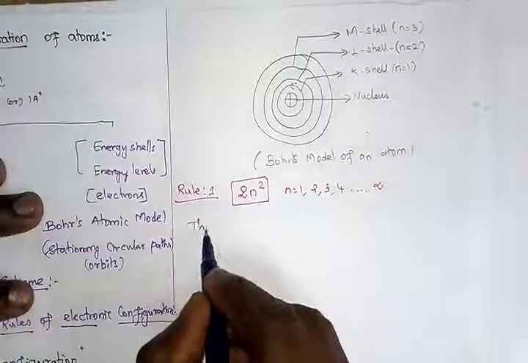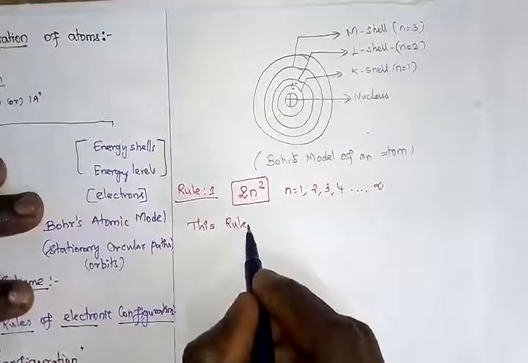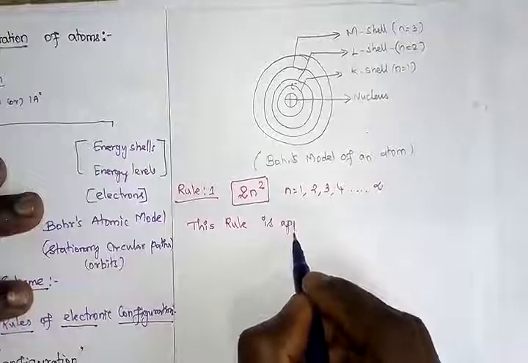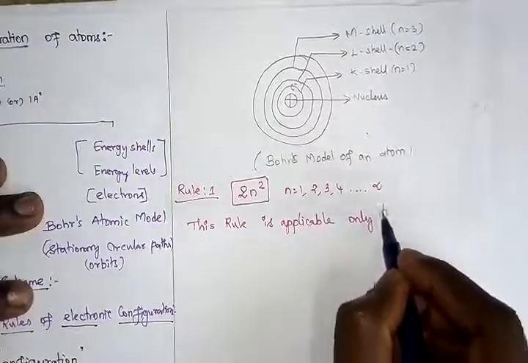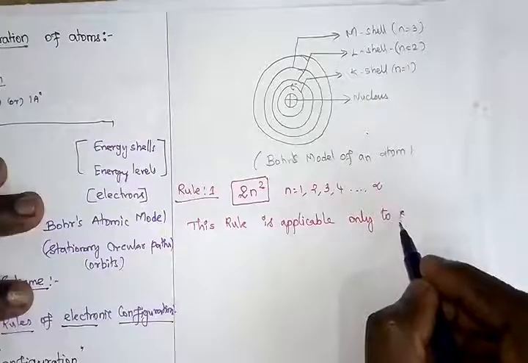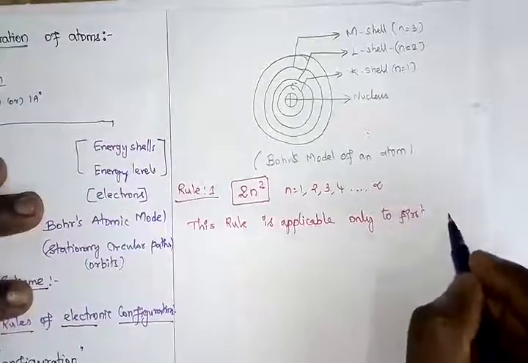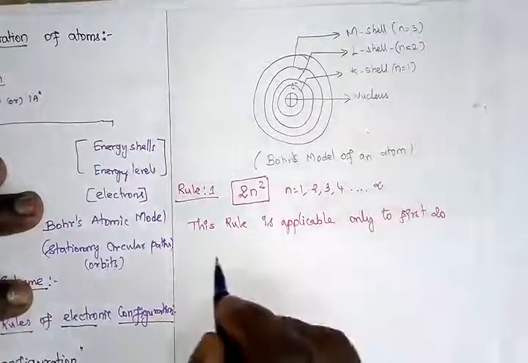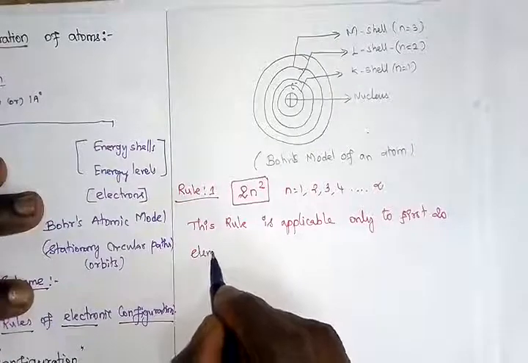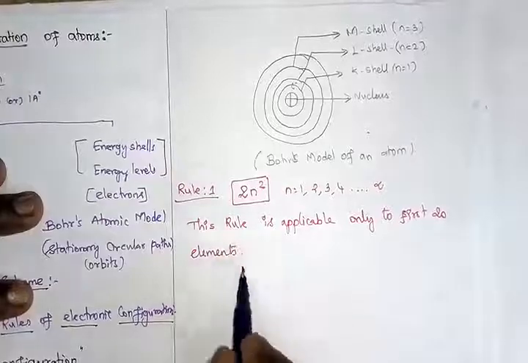Now this rule is applicable only to the first 20 elements. Make sure, my dear children, this rule is applicable only to the first 20 elements. Beyond that we cannot apply this rule.